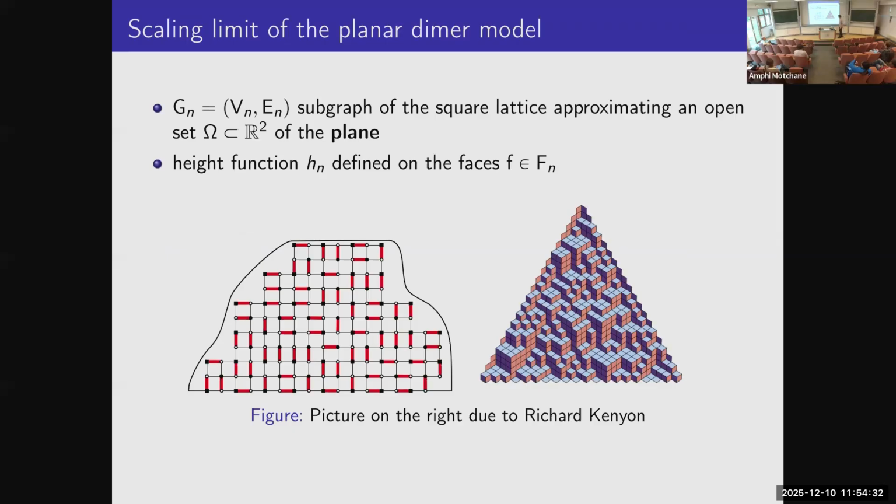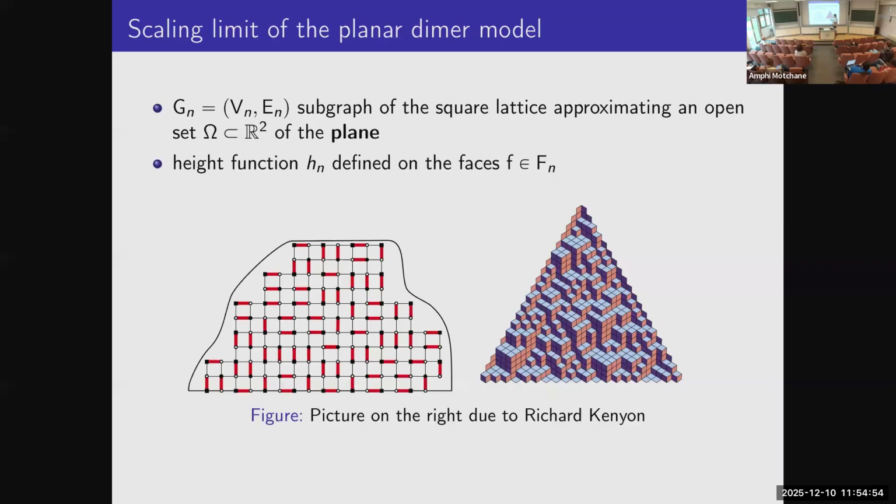Okay, and what's this work by Kenyon, which will be very interesting for us? It is that he obtained the scaling limit of the planar dimer model. So what is the scaling limit? It is the behavior of the model when the graph becomes very big.